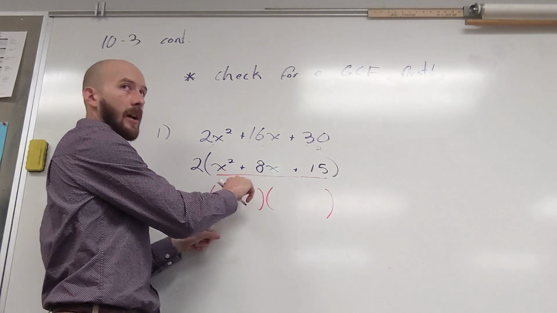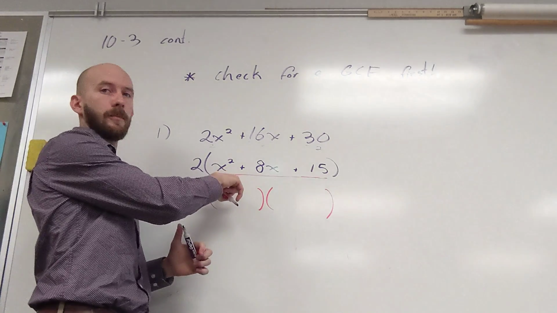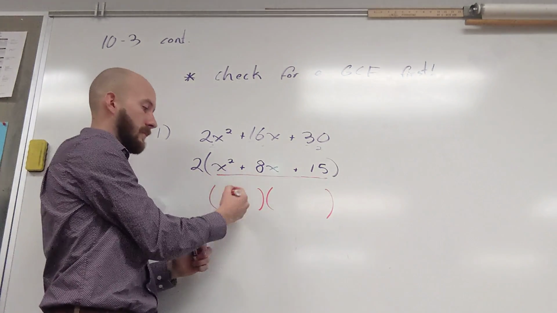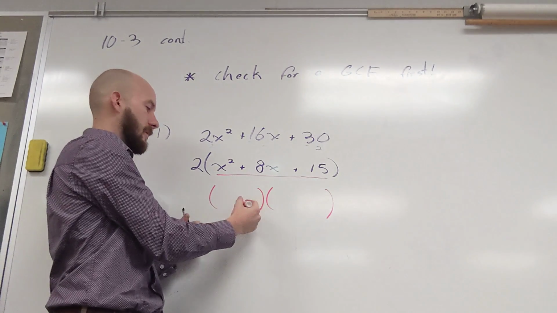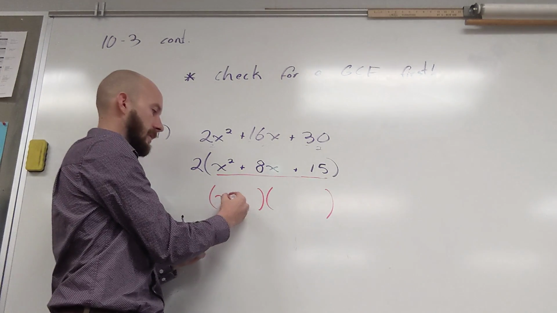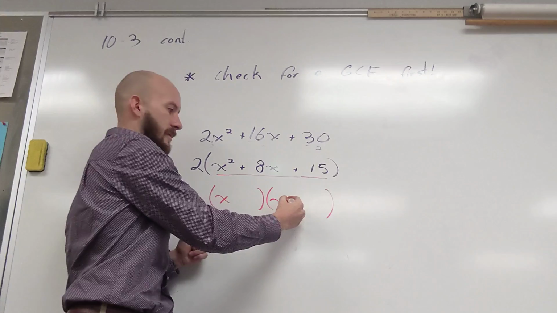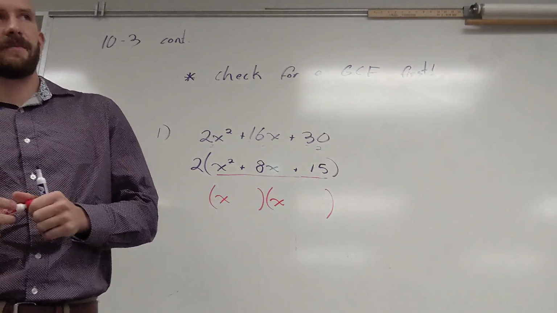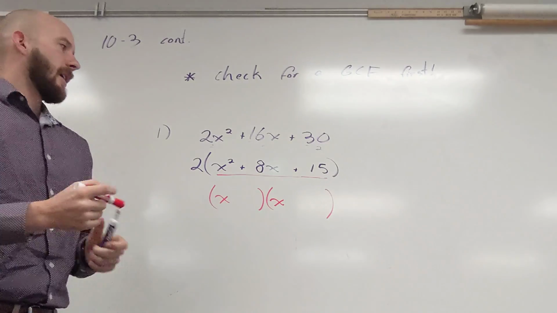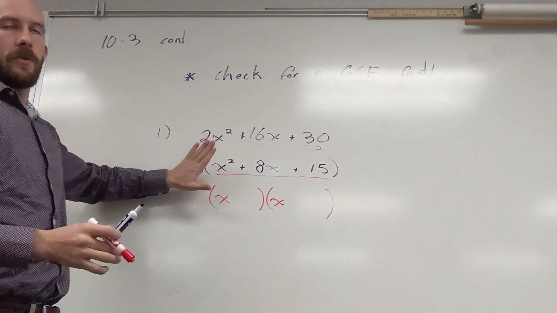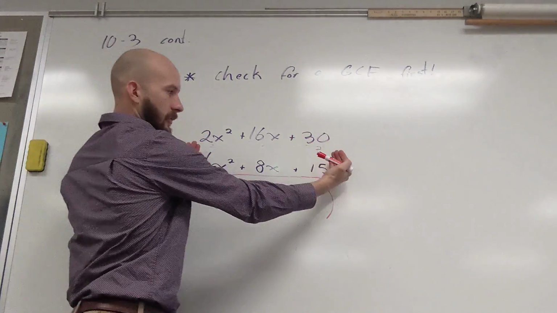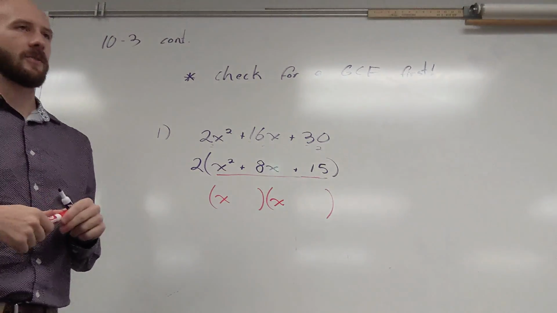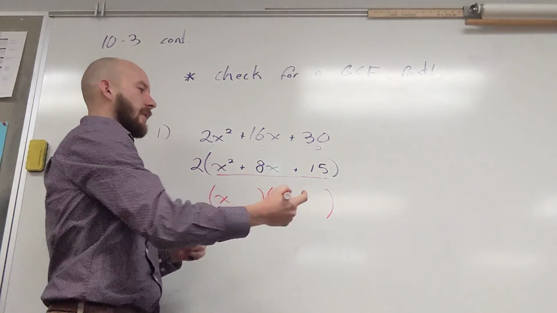They have to multiply to be the first thing, which is the x squared. So this has to be an x, and that has to be an x as well. Again, basically ignore the 2 for now. We're trying to factor this trinomial just like what we did before. You're going to have to remember a little bit.